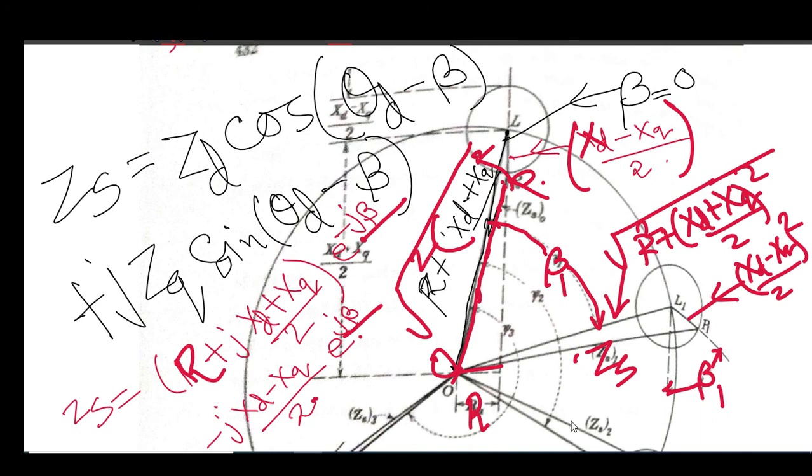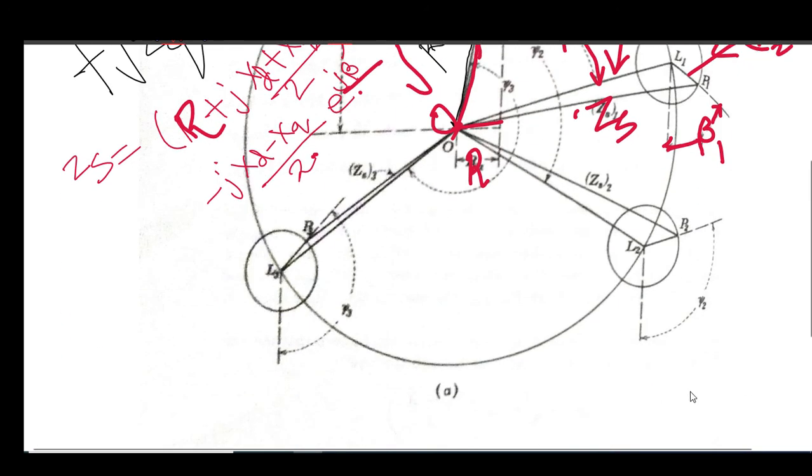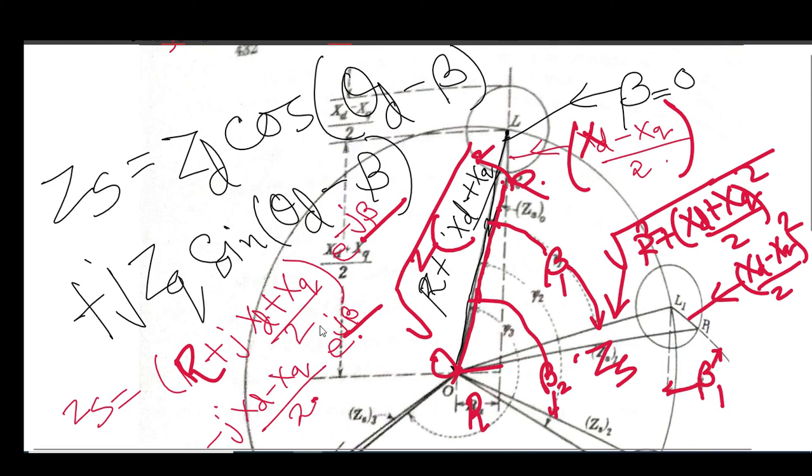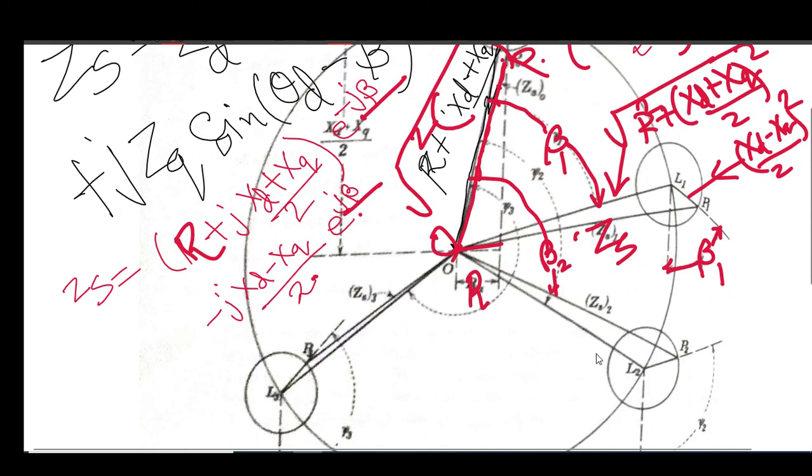The same thing will happen here when you take another value, beta 2. The first vector, this one, will again rotate further in the clockwise direction, and the second one will rotate in the counterclockwise direction, and they give you ZS.